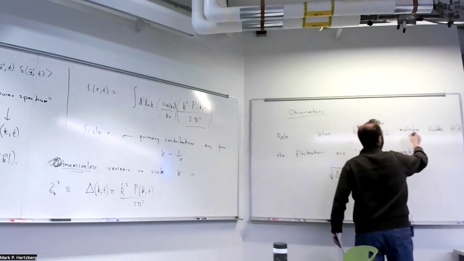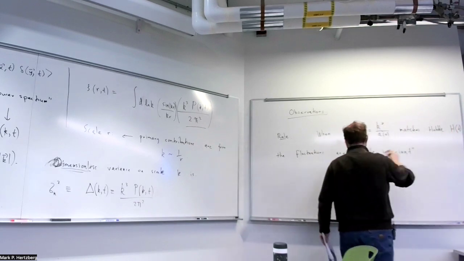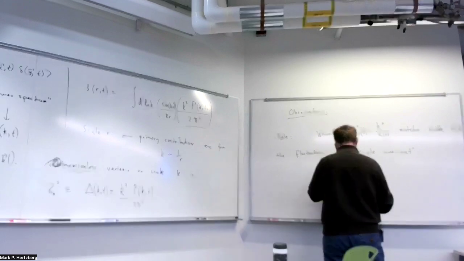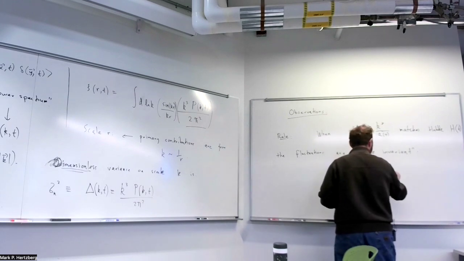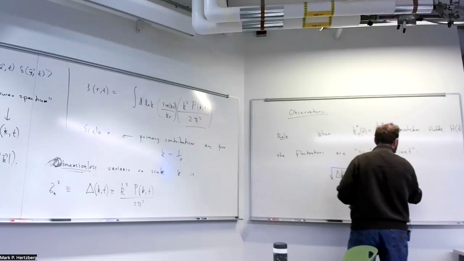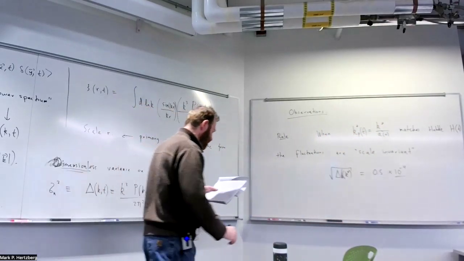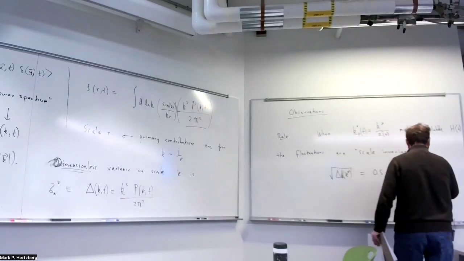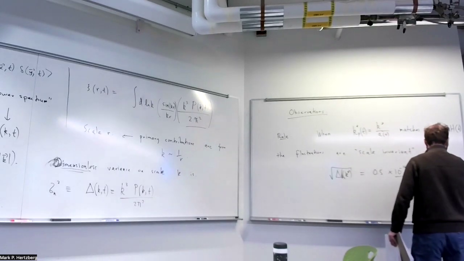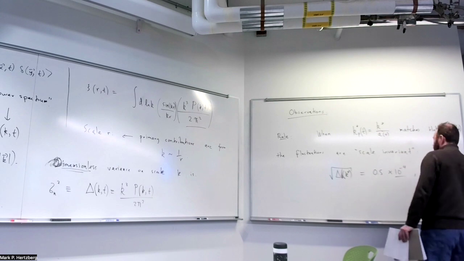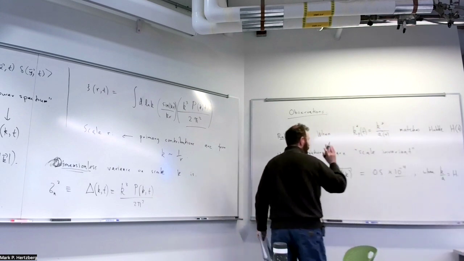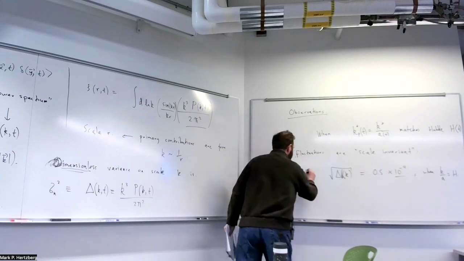The special value where this happens is about 0.5 times 10 to the minus 4. That's the 10 to the minus 4 I've been stating again and again. Okay, so this is the value when k over a equals H. I don't really need this star. Okay, or sigma sub k.